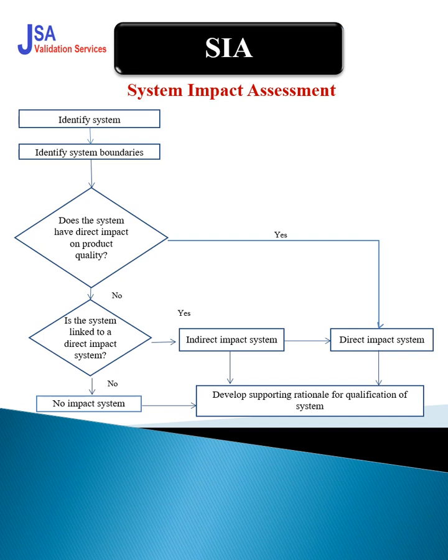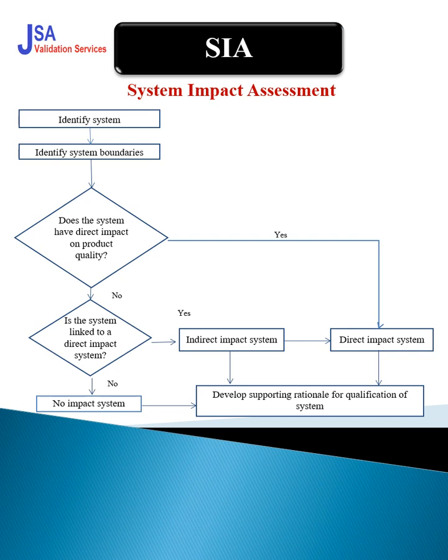Okay, try to understand. A direct impact system has a direct link to the product quality, then it will be a direct impact. If it is linked with the direct impact system, then it will be an indirect impact system. And if there is no direct impact or indirect impact, then it goes to the no impact system.